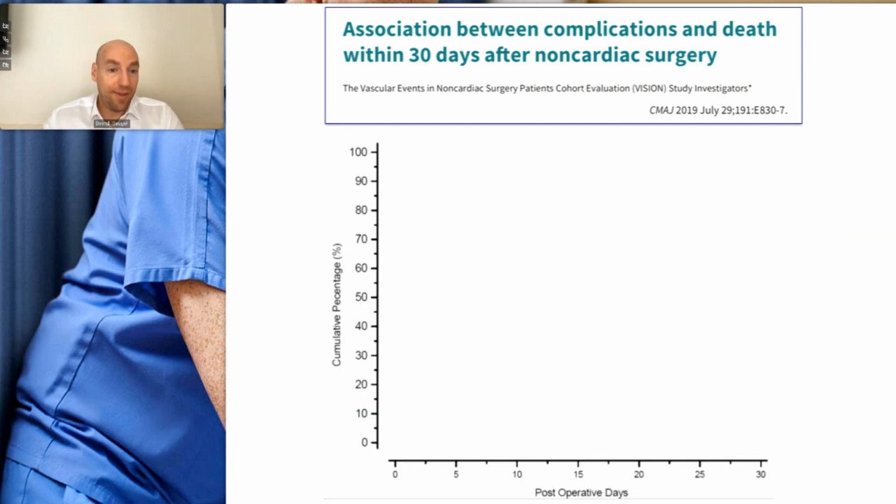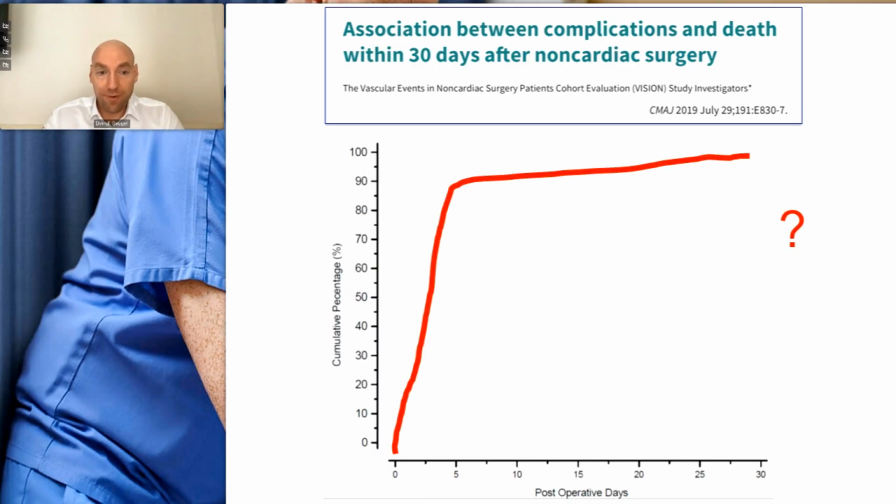And if you look at this chart, you can see on the x-axis the postoperative days. So there are 30 days, the first month after surgery. And on the y-axis, there is the cumulative percentage of patients who died within that time frame. Now you could expect, for example, that most of the patients die in the first 1, 2, or 3 days after surgery.